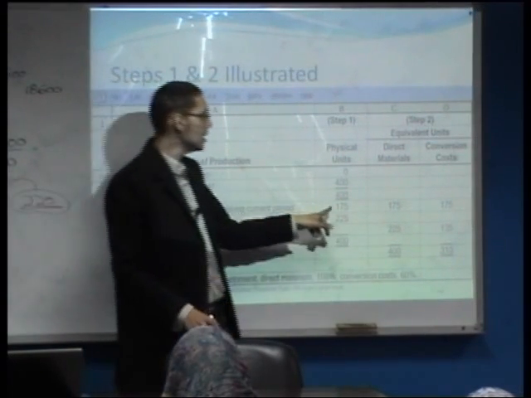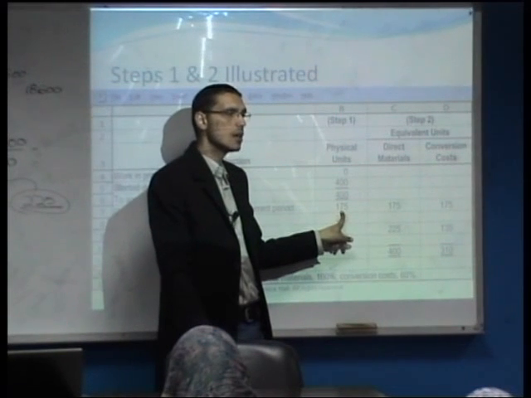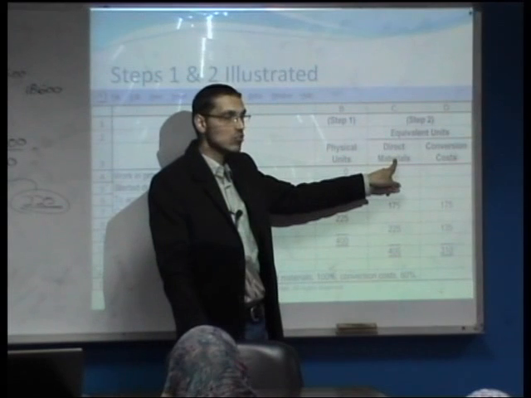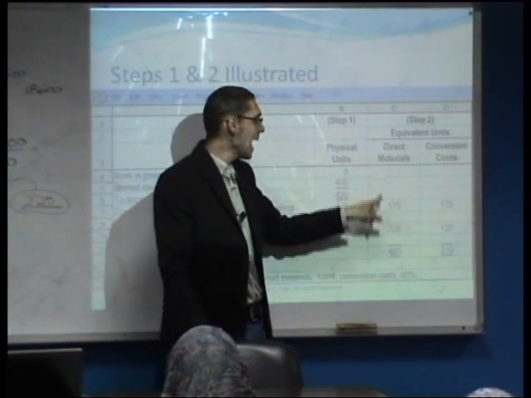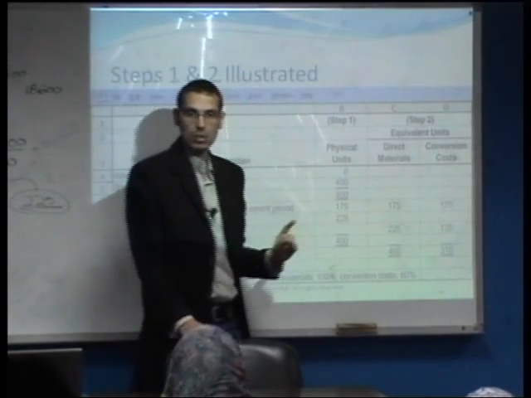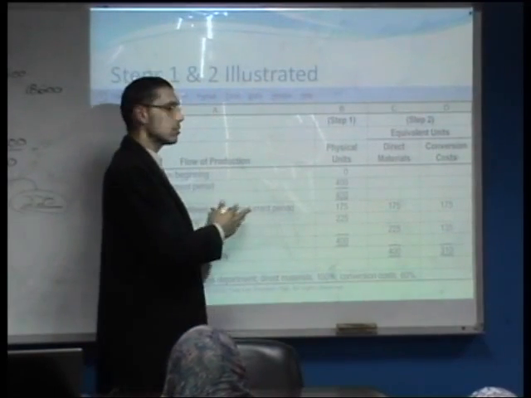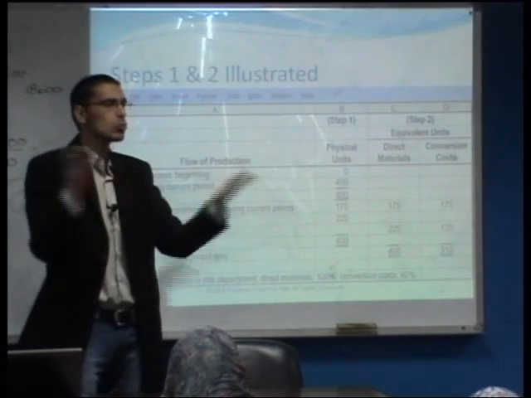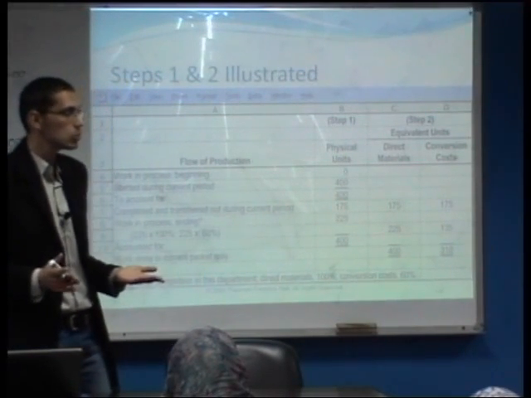Of course, as we can see here, the 175 units are 175 equivalent units in regard of direct materials, and 175 units in regard of conversion costs.